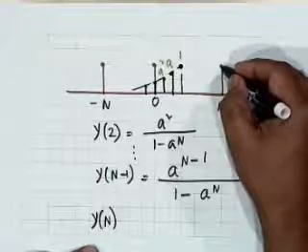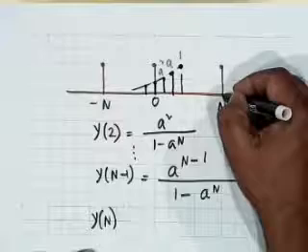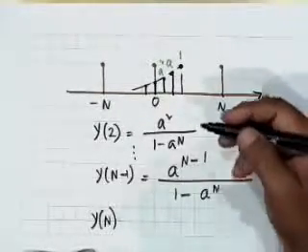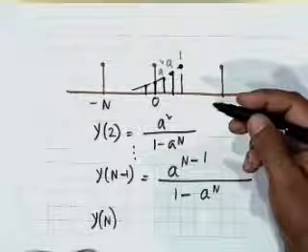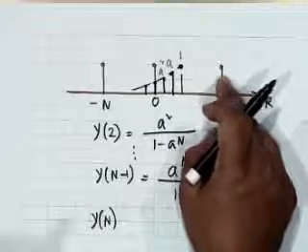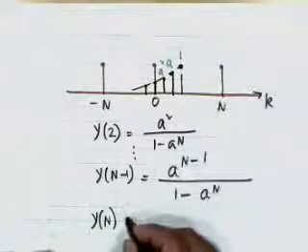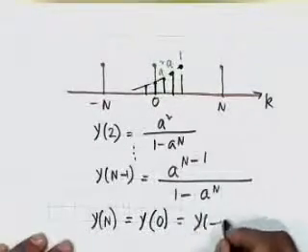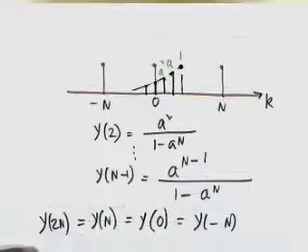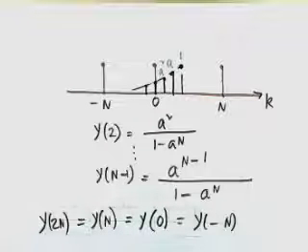That is, the overlap again now is of 1 with 1. Is that correct? Or is it to the left? It is to the right. That is, this comes here. And therefore, the first sample that I get is again 1. And therefore, y of N shall be equal to y of 0. And this continues, y of minus N or y of 2N and so on. And therefore, the function is indeed periodic with a period of capital N.